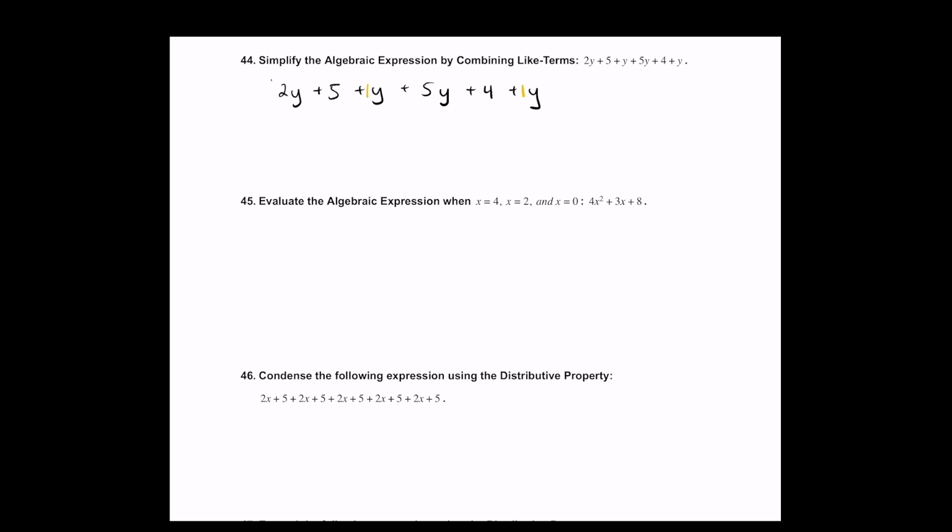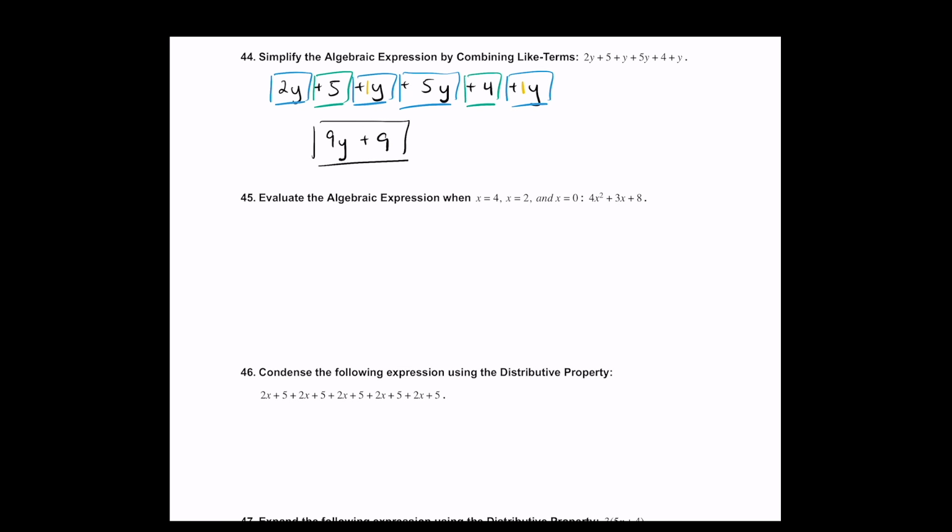Starting with the y terms, we have 2 y's. We're going to add one more. That makes 3 y's. Plus 5 of these, that makes 8 total y's. Plus one more, that's going to make 9y. That takes care of those. Now we have the constants. We have plus 5 and plus 4, and that's going to make a plus 9. So this would be the most simplified expression here.